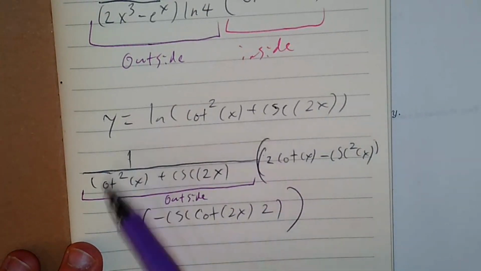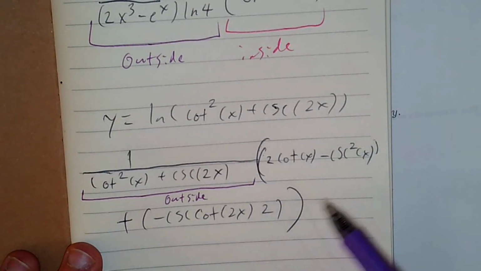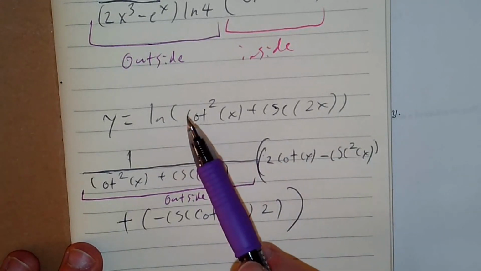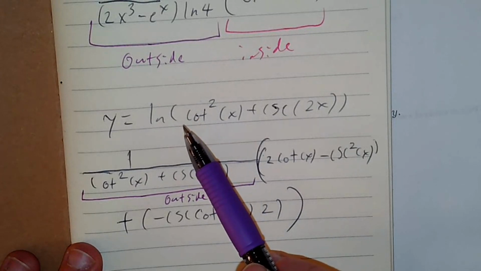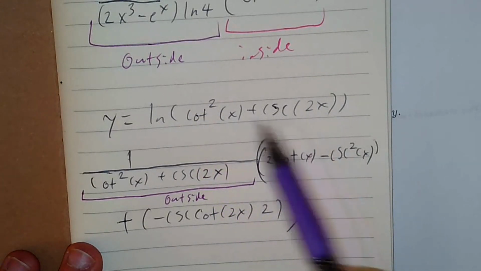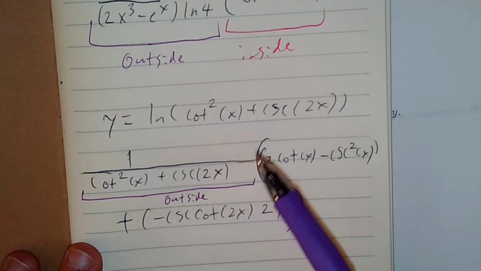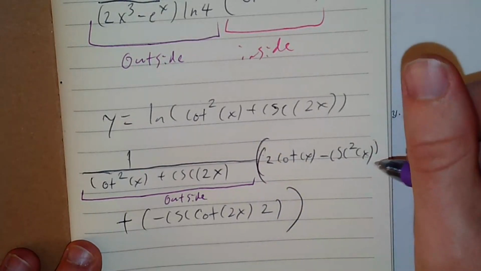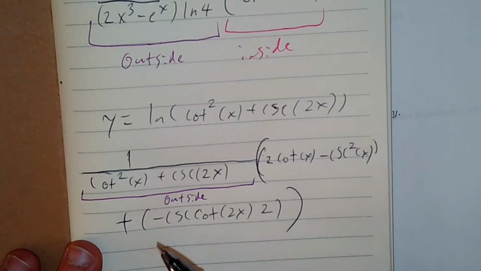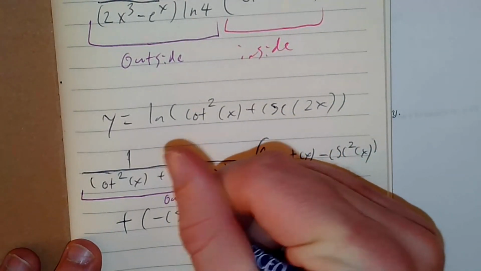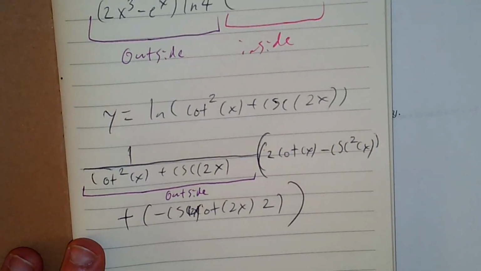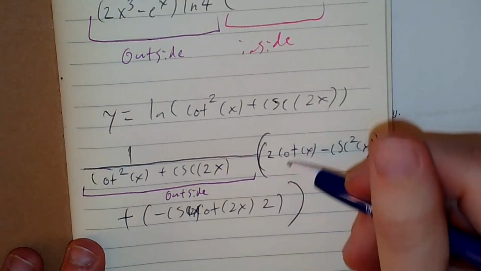So I'm multiplying the whole outside derivative times the derivative of the inside, which is this whole thing. 2 cotangent x times negative cosecant squared x, plus negative cosecant 2x cotangent 2x, should be right here. My bad. Should be 2x in there. Times the derivative of 2.